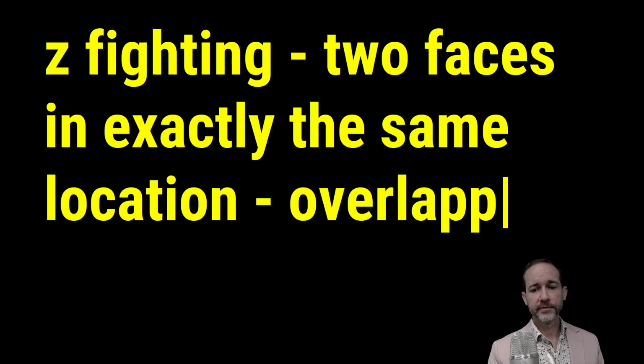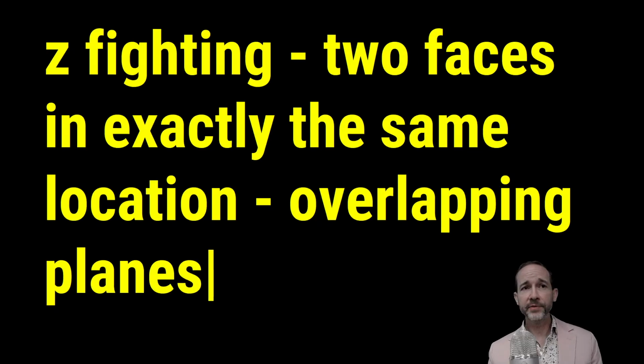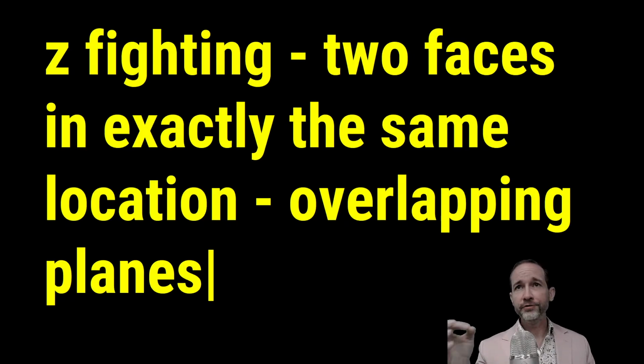Overlapping planes become a problem at render time because there's two things in exactly the same place, and the computer's like, which one is in front? Which one should I render there? This creates problems. You can run into this in a variety of ways, but in particular once you start using the extrude and the inner extrude tool.